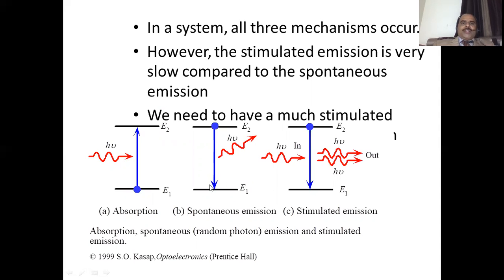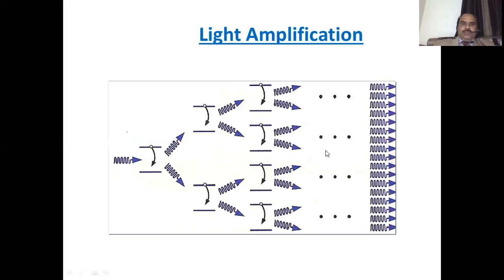All these three processes can also be explained with these three diagrams: absorption, spontaneous emission, and stimulated emission. The light amplification can be explained. One photon triggers the atom in the excited state, and you get two photons. These two photons again trigger another two photons, and you get four photons.